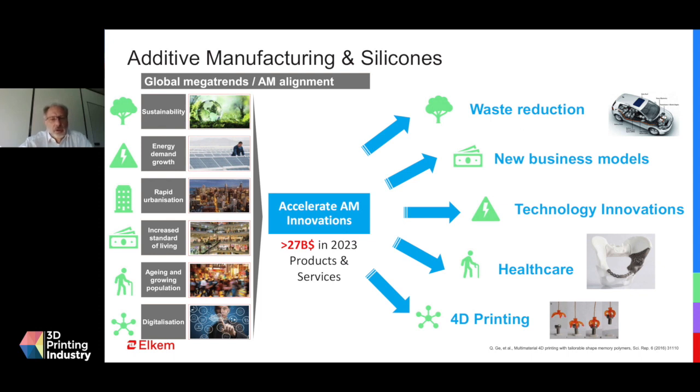If we take an increased standard of living, aging and growing population, this is where we are looking forward to new materials that allow the development of better solutions needed for tackling the requirements of the future.